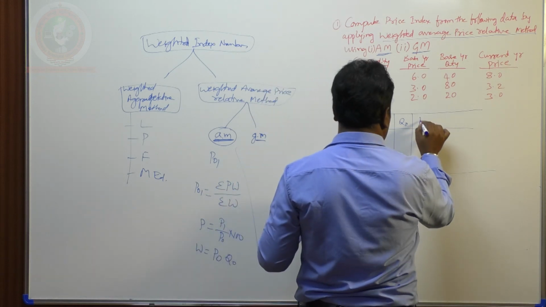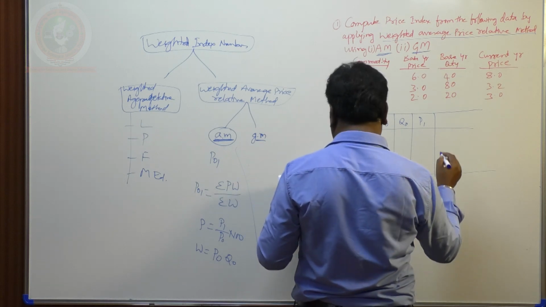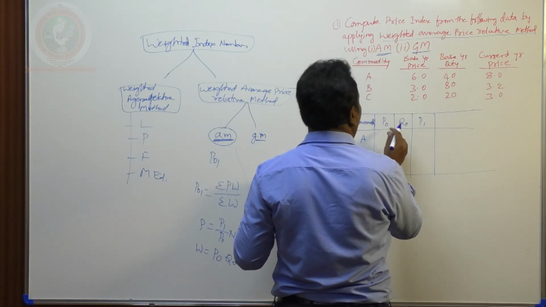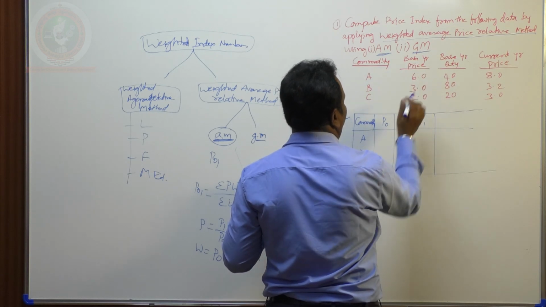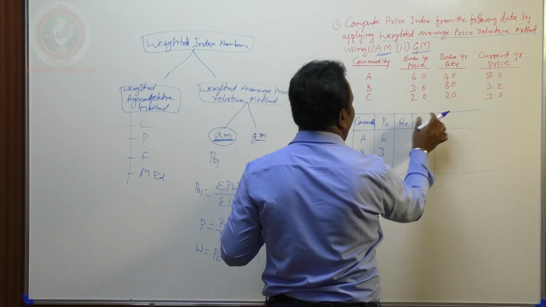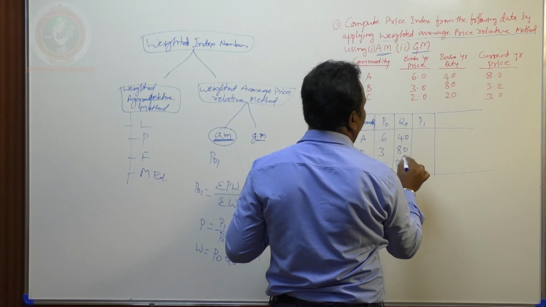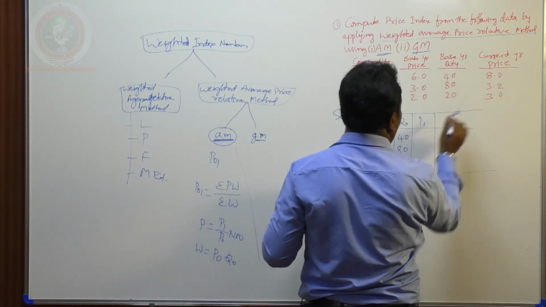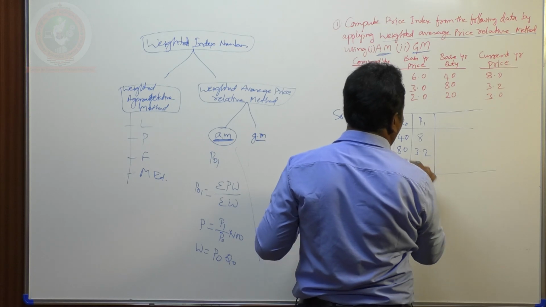The current year quantity is not given. P0, the base year price, is 6, 3, 2. The base year quantity is 40, 80, 20. Then the current year price is 8, 3.2 and 3.